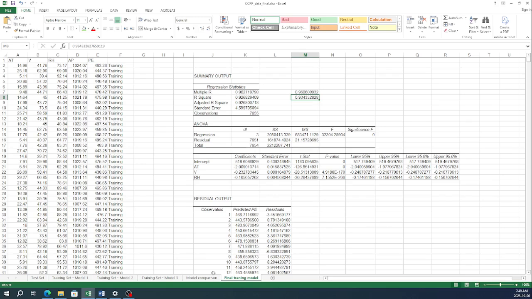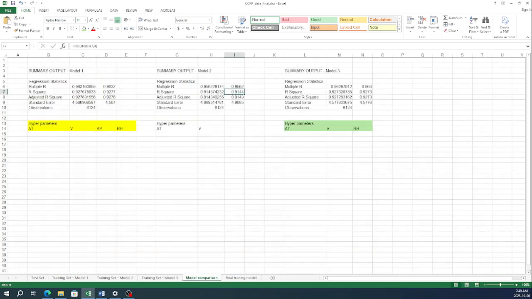So if I interpret what I finally did, selecting this model demonstrates high predictive power with minimal complexity compared to using all four variables, and dropping the AP did not significantly reduce accuracy, making the model more efficient and easier to interpret.